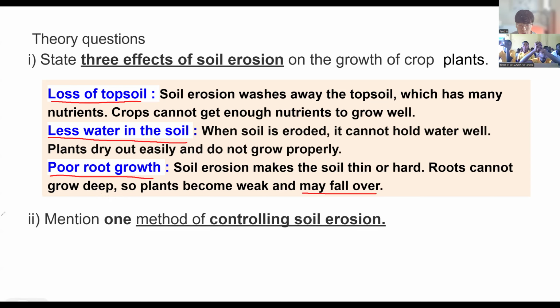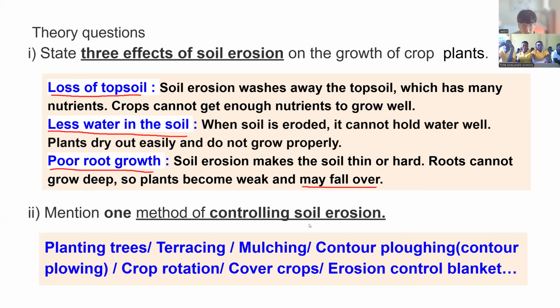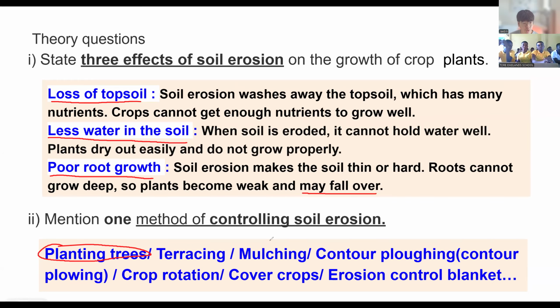Okay, looking at the next question. Mention one method of controlling soil erosion. Forestation. Oh, yeah, definitely. You said plantation, and that is definitely correct. Yeah, planting trees helps control soil erosion, but all of these other things as well.